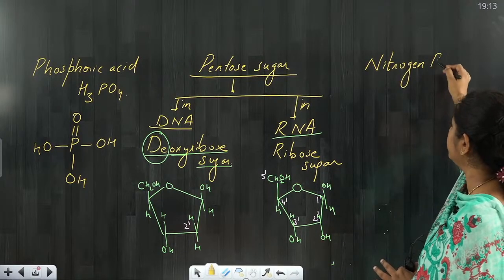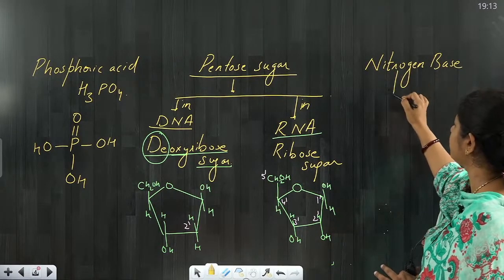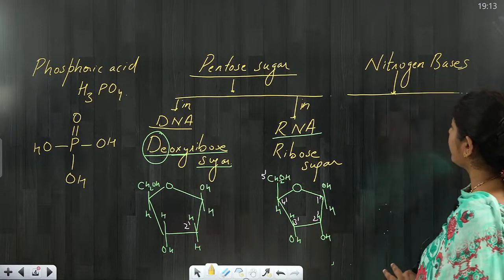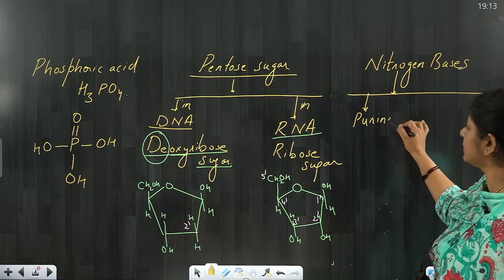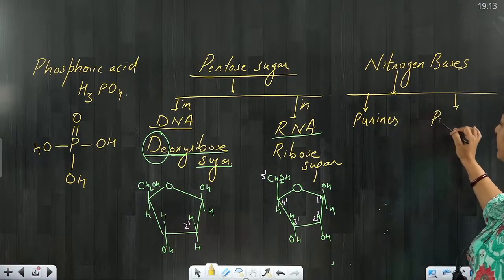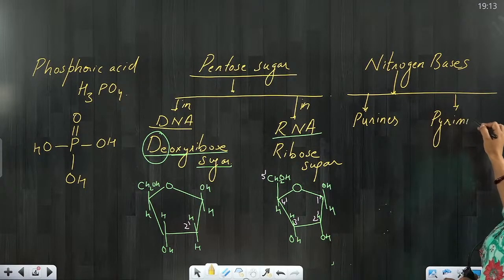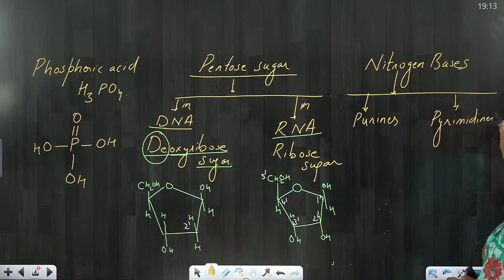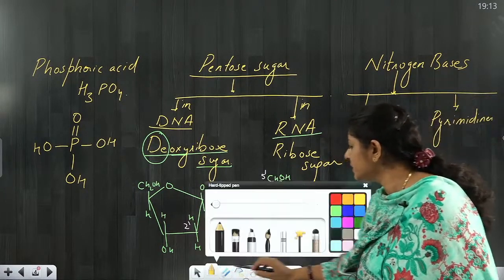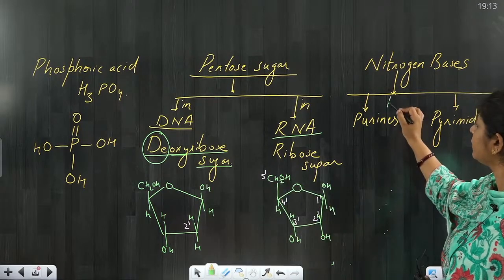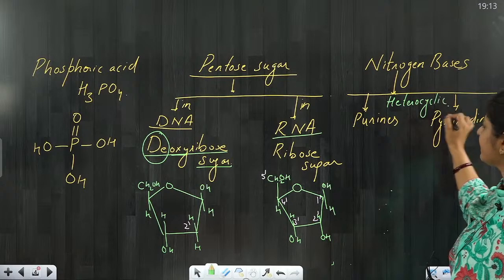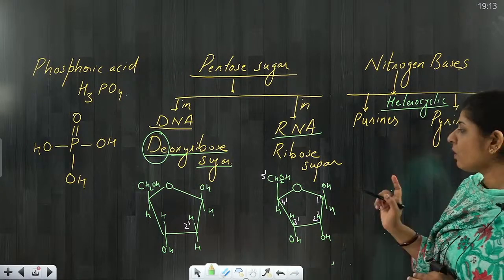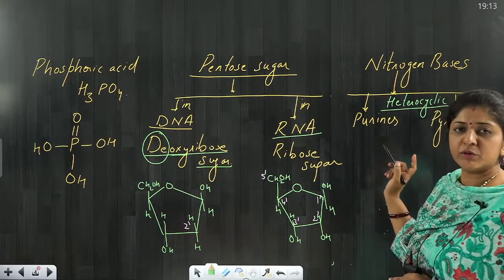Next member in the nucleotide. Nitrogen bases are categorized under 2 categories, purines and pyrimidines. Purines and pyrimidines both are heterocyclic. Hetero means all members in the ring are not the same, but not due to oxygen, it will be due to nitrogen now.